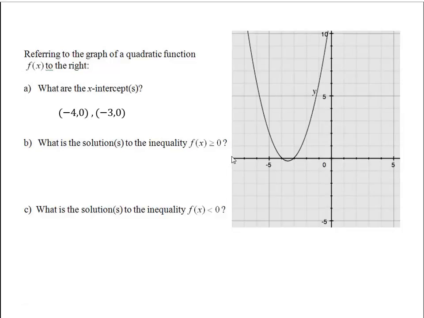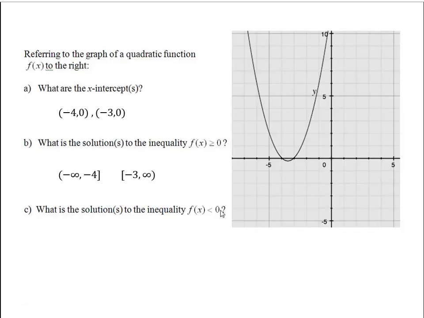So I'm going to say from negative infinity up to -4, and then from -3 out to infinity. There's those two solution intervals for f being greater than or equal to 0. Because I have the or equal to, I'm putting the brackets at each of those x-intercepts.